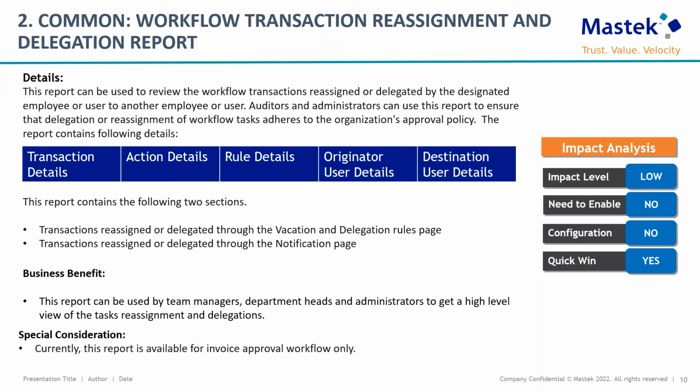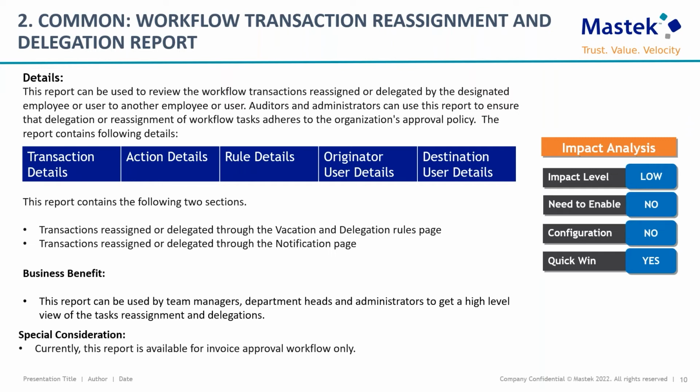Now, this report is specifically useful for managers in case some of their team members are on leave or have gone on vacation, and whether they have delegated the approval task allocated to them correctly or not. Even in the regular course of business, if a user reassigns the approval to some other user, this report will give the details for the same, and this can also be used for auditing purposes.